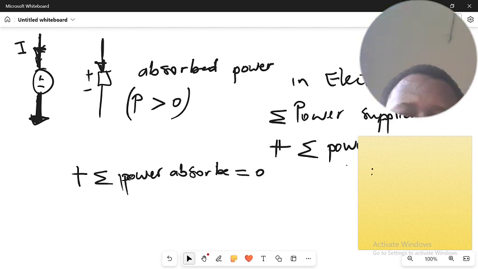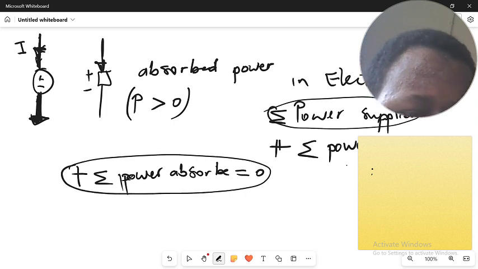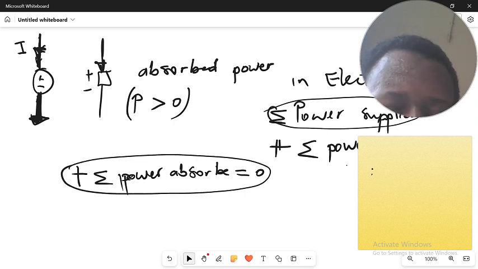That's the Tellegen's theorem. It says that the summation of the power supplied plus the summation of the power absorbed is equal to 0.